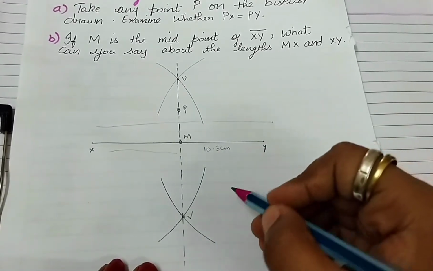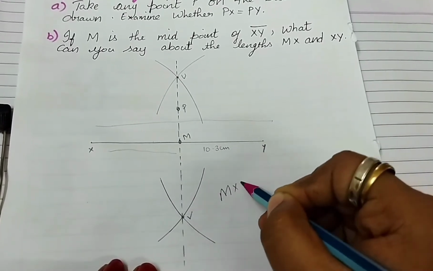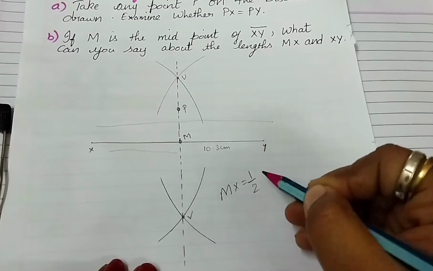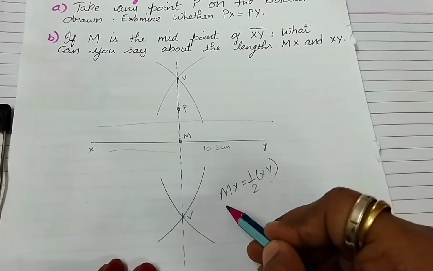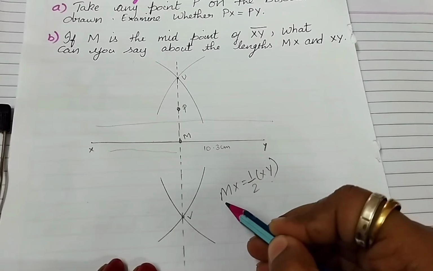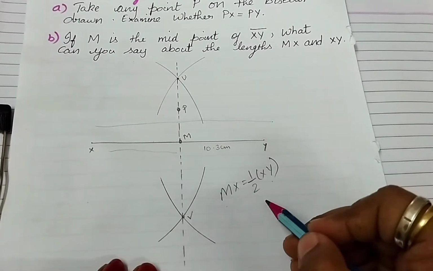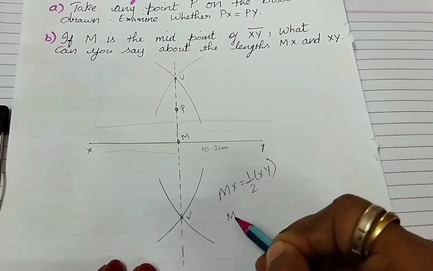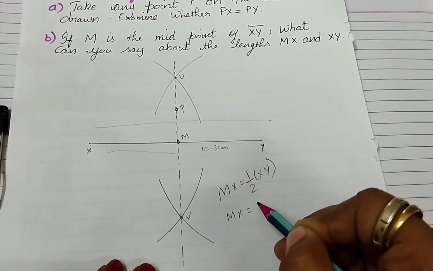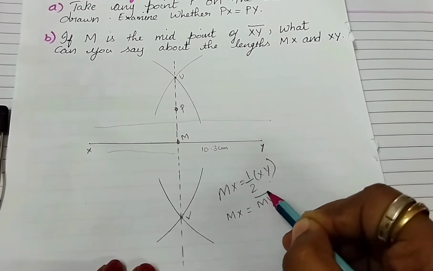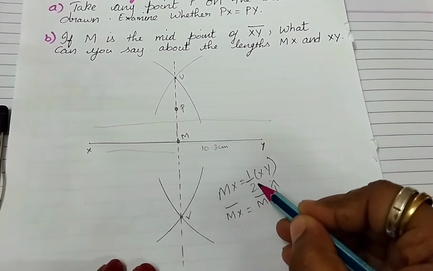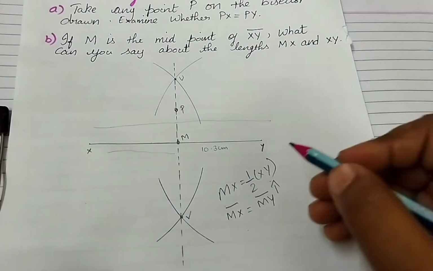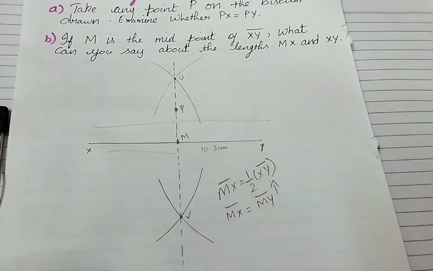What you can say is MX is nothing but half of XY. This MX is part of the XY line segment only. So MX is nothing but half of XY. That means MX is equal to MY. We know it is bisected equally. So we can conclude that MX is equal to half of the line segment XY.